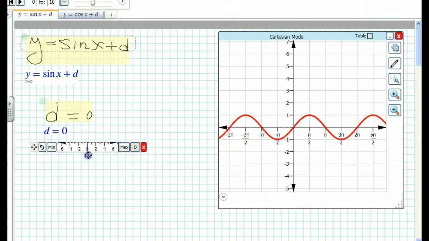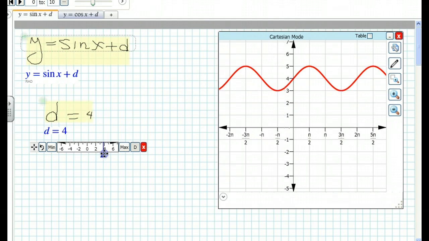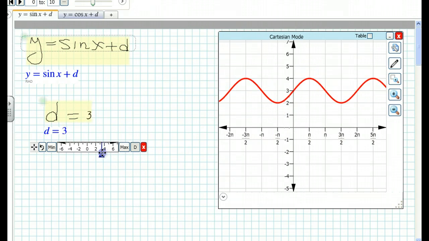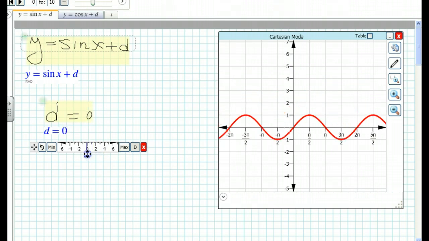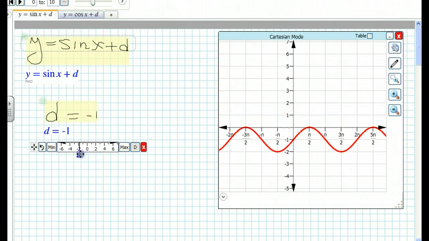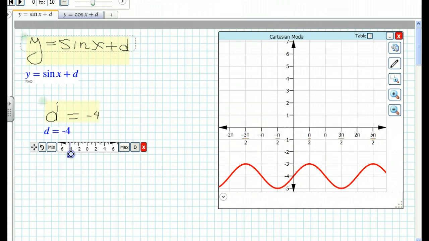So it's pretty easy to see that the graph maintains its same shape, and all that is happening to it is it's simply being shifted up and down. So if d is negative, it goes down. If d is negative 2, it goes down 2 units. Negative 4 goes down 4 units, and so on and so forth.